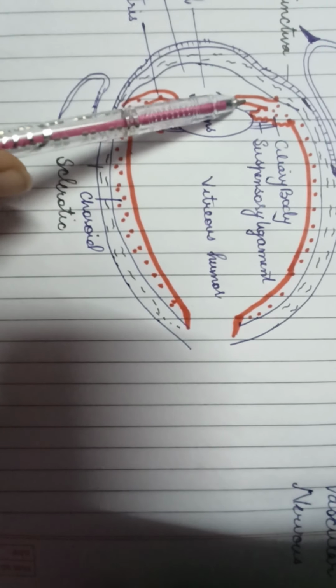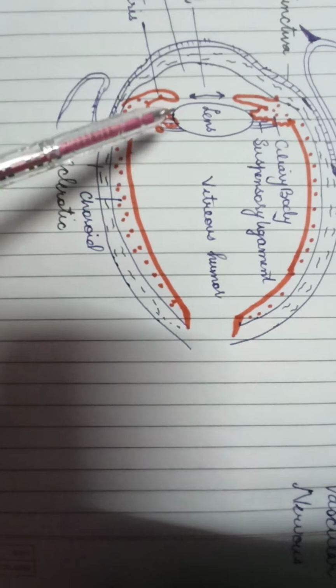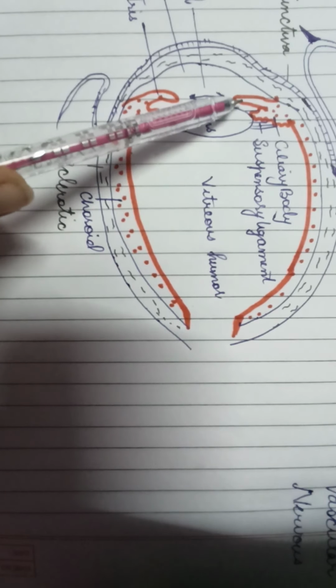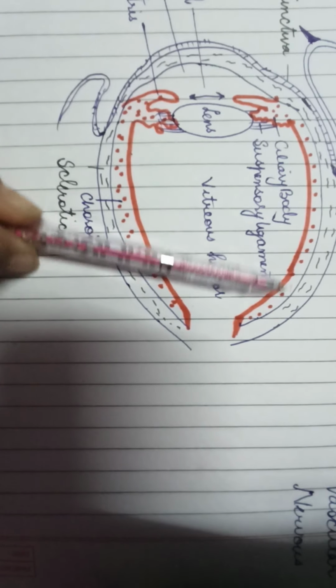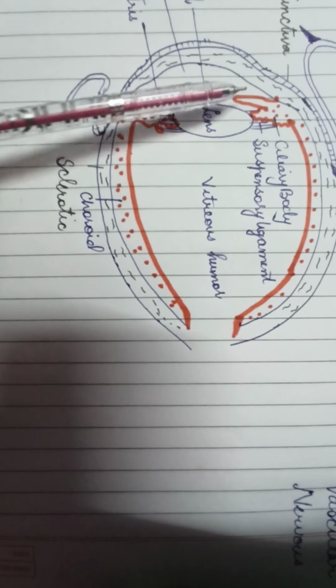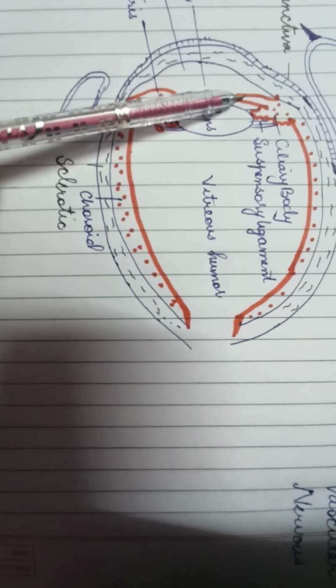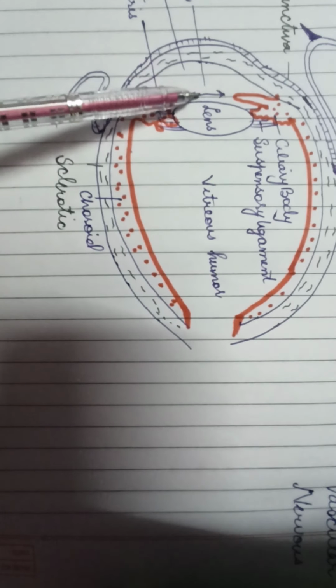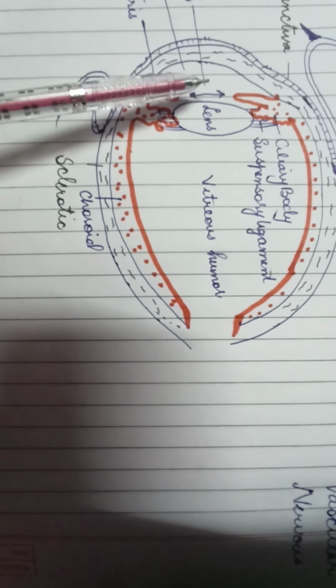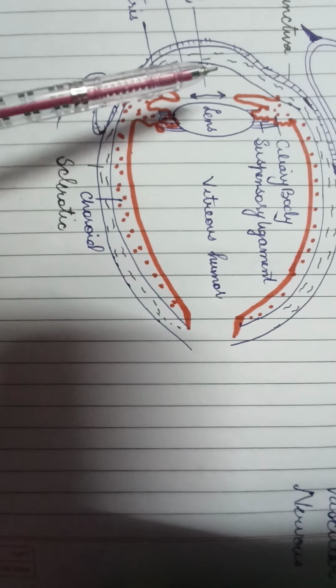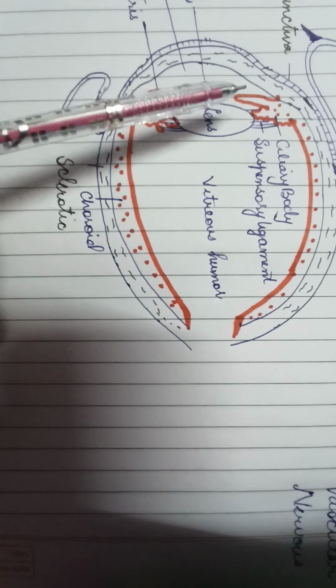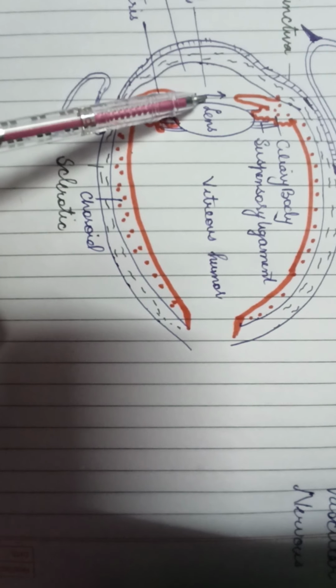Now this is the iris, and these are the ciliary body. This is a sectional view, but when you see the front of the eye, the iris appears circular, and in between there is a window, an aperture, called the pupil, as the iris is perforated at the middle by an aperture.